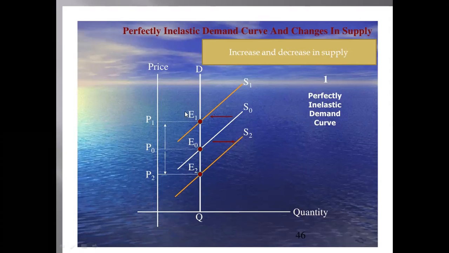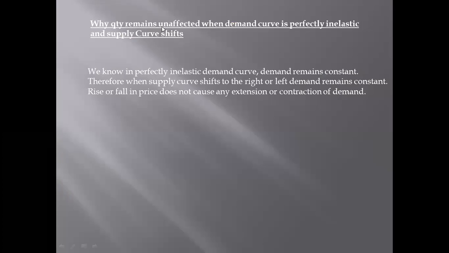So this is a situation of perfectly inelastic demand curve. A situation of decrease in supply, when demand is perfectly inelastic, equilibrium price will increase and equilibrium quantity remains constant. Why does quantity remain unaffected when the demand curve is perfectly inelastic and the supply curve shifts?